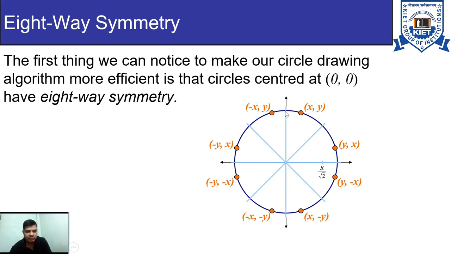That means we will plot from the y-axis, from the point that starts as 0 comma r, where 0 is the value of x and r is the value of y, and we will continue to plot until the value of x becomes more than y or equal to y. You can see from this figure we will only plot this part, and the remaining part can be obtained by using the concept of symmetry.